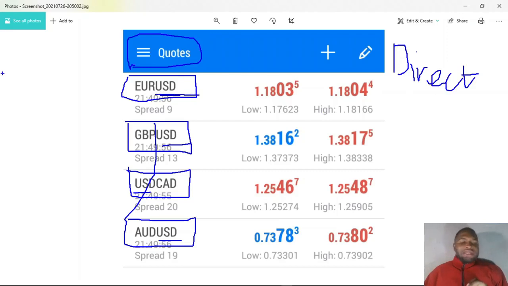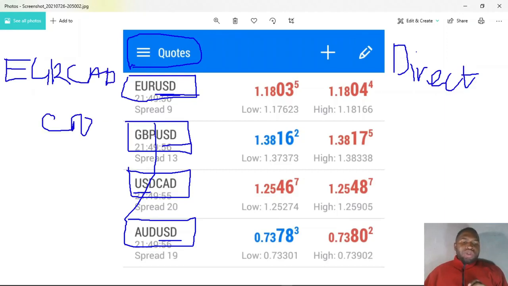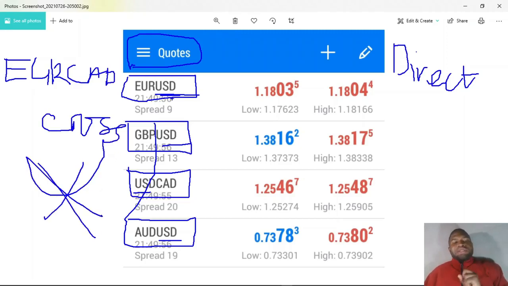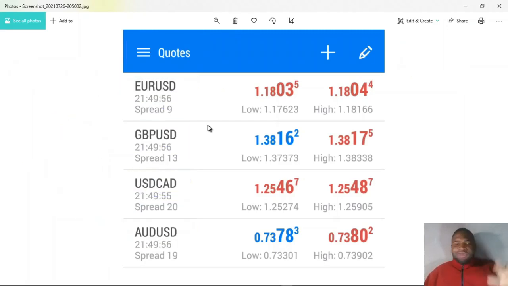But when you have something like maybe EUR/CAD, now this is no longer a direct quote, but we call this one a cross quote. Why? Because there is no longer the involvement of the United States dollar in it. I just wanted you to know that.